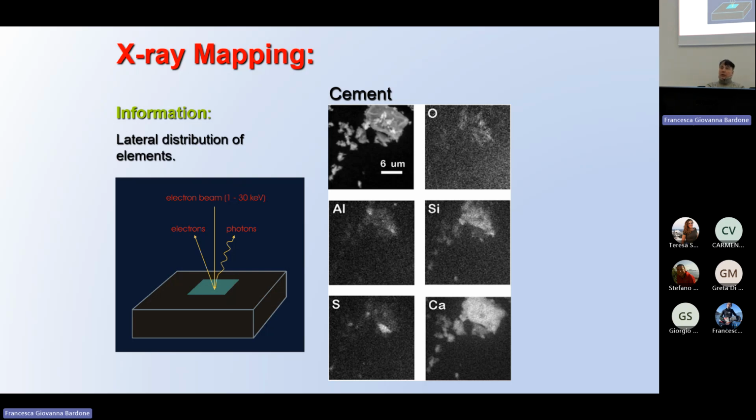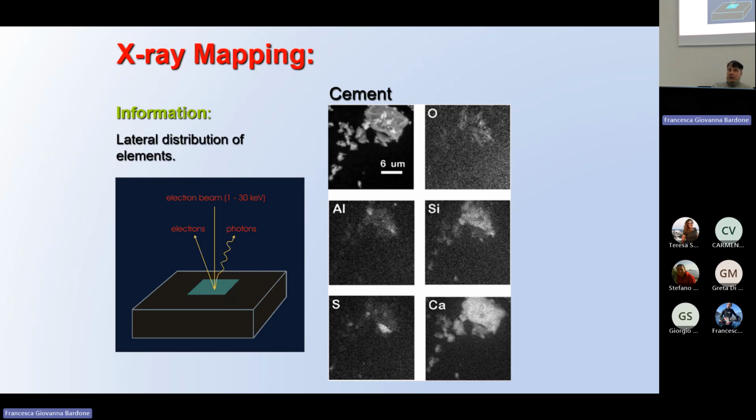But if you don't do that, you have just relative information, what we call semi-quantitative information. You know that this particle is made of silicon, calcium, aluminum. If you don't do any analysis, you don't know anything, only the morphology. You know that this particle contains these elements, and that there is some non-homogeneous distribution of elements along this particle.